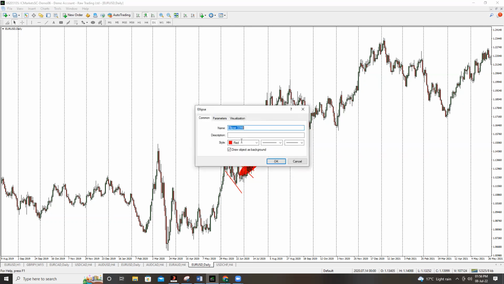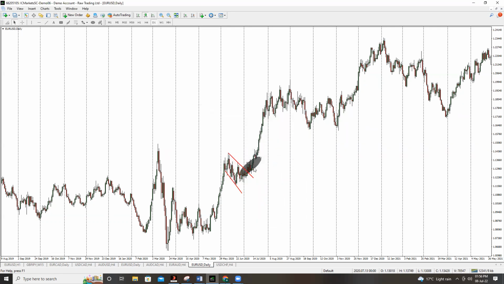Let me change that color, okay. Can you see this part here? This is the most important part whenever a pattern has been broken, or anytime there's a breakout. This is where you now pay attention to the candlestick patterns happening after the break.